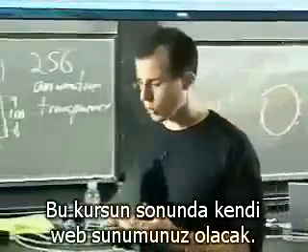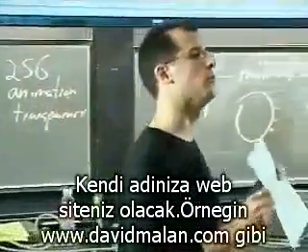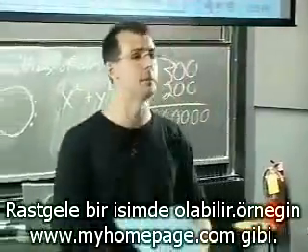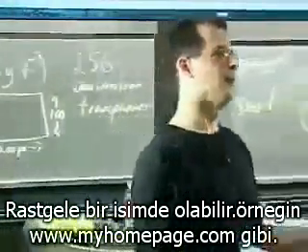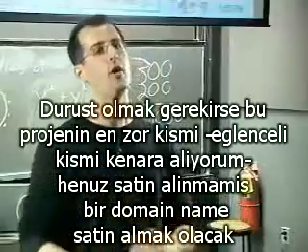Literally at the end of this course, you will have your own presence on the web, something of the form www.davidmalan.com, but with your name inserted. Or you can have it be something completely random, like www.myhomepage.com. I would wager that both of those actually are already taken.